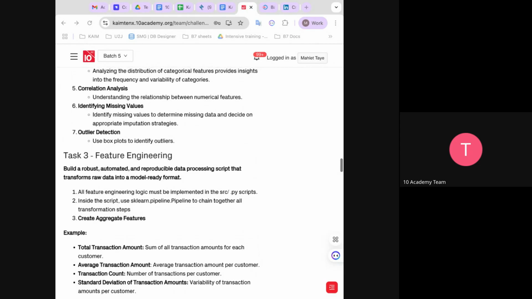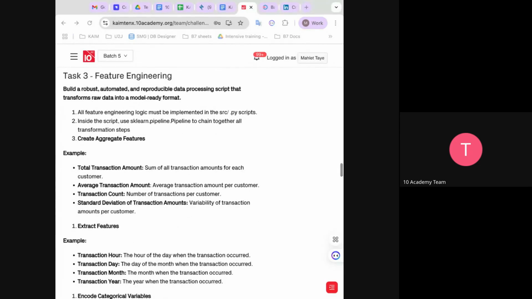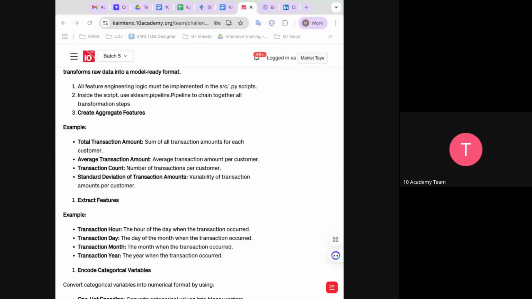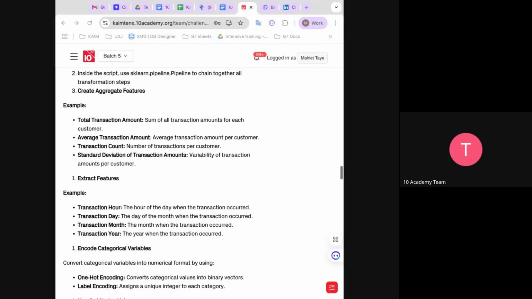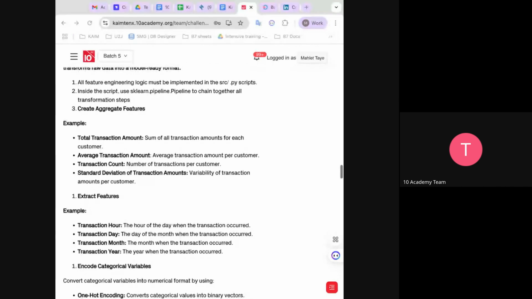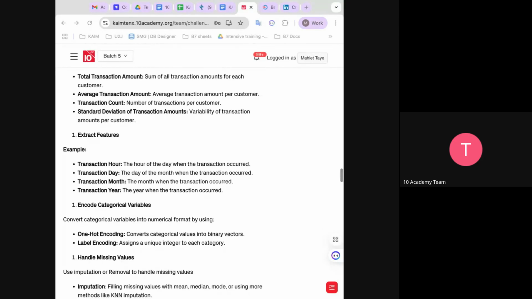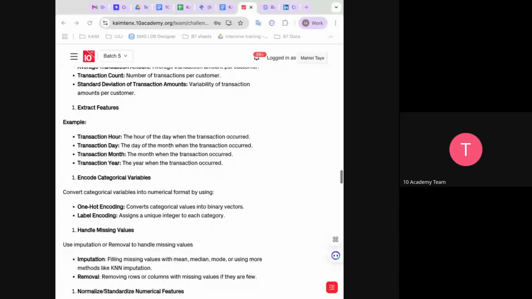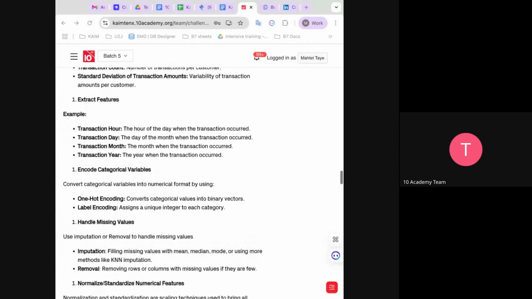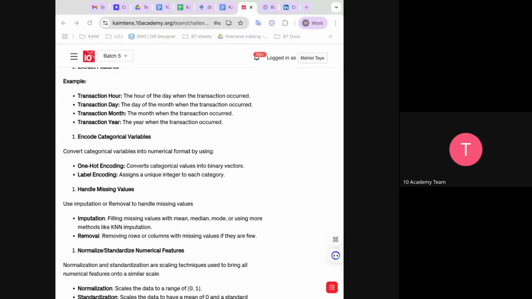You can have these aggregated features, and you can have additional features from time and dates, extracting time in hours, days, and months. So you can see patterns and find features. If any encoding techniques are necessary, you can use either one-hot or label encoding, and you can handle missing values in the features.